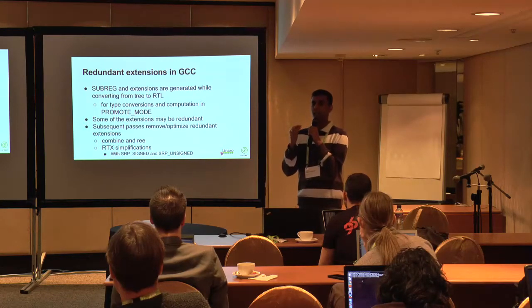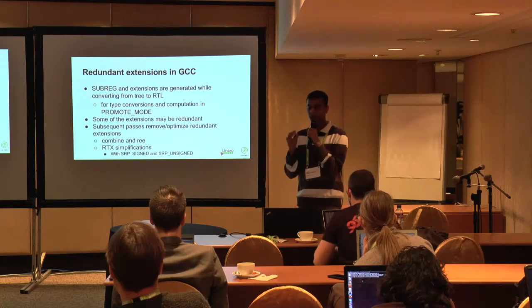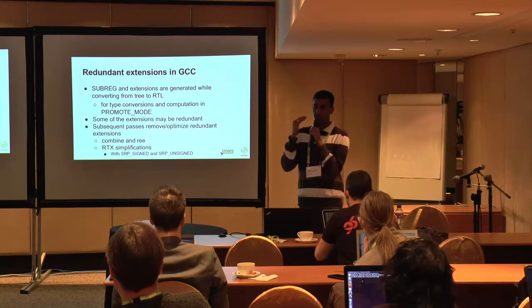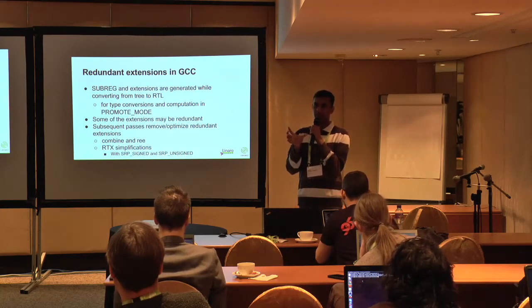So basically, when you have a subreg, from the tree level, based on the type, the tree sets SRP_SIGNED or SRP_UNSIGNED attributes to say whether that subreg is already promoted for the type.